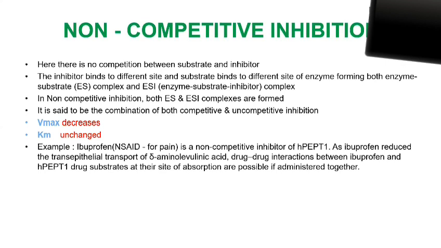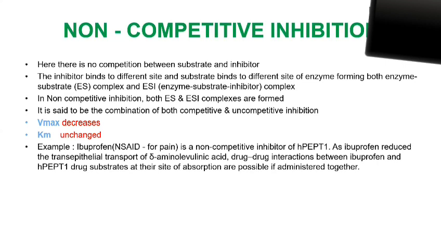There are two different sites: the substrate binds to one site of the enzyme, and the inhibitor binds to some other site, forming both the enzyme substrate complex as well as the enzyme substrate inhibitor complex.